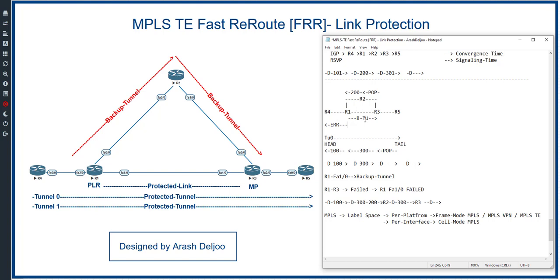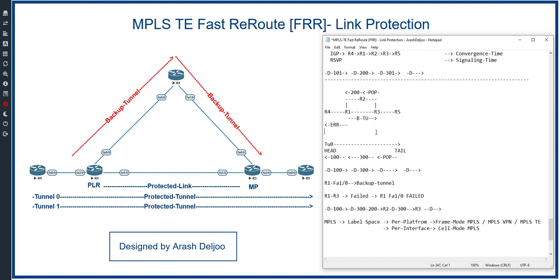Because of that, in this scenario, after sending the error, R4 can now calculate the best path from R4 to R1 to R2, because we don't have any other path, to R3, and then to R5. And after that, it should signal this path with RSVP. And when R4 signals this path, it can use this path with only one label.